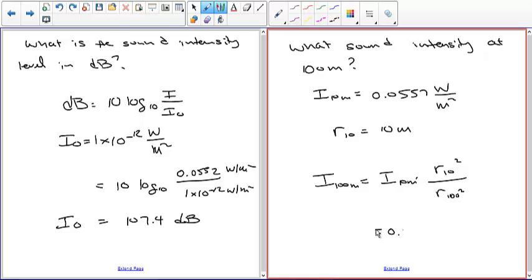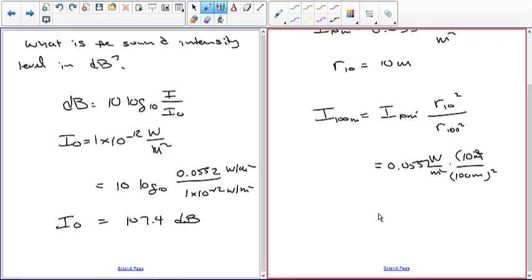So we get 0.0557 watts per meter squared times 10 meters squared, divided by 100 meters squared. So let's see what we get.